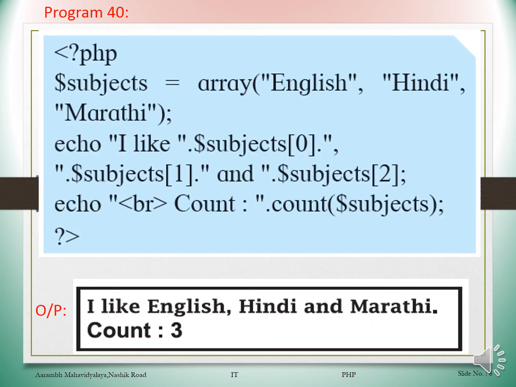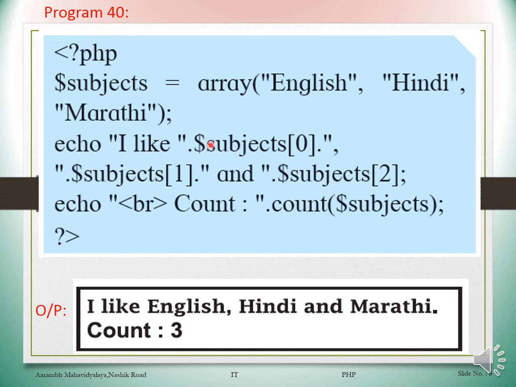The next program, $PHP subjects equal to array of English, Hindi and Marathi. Here we have used the array name as subjects and declared an array of three subjects, that is English, Hindi and Marathi. Then echo is used to display the subjects as I like.